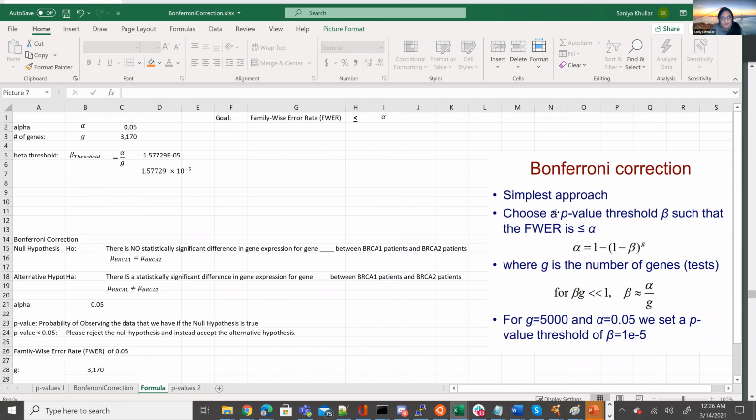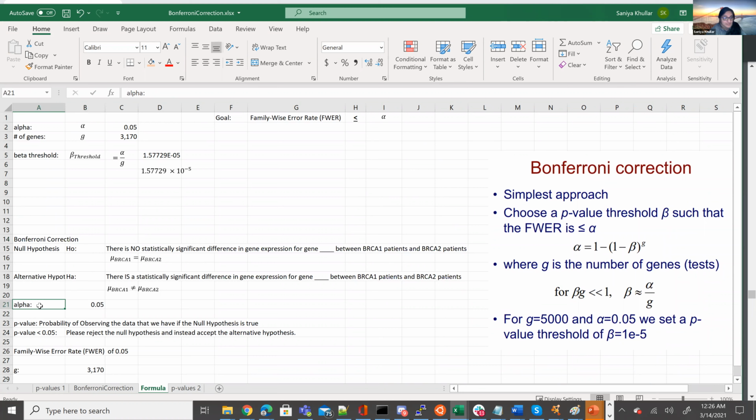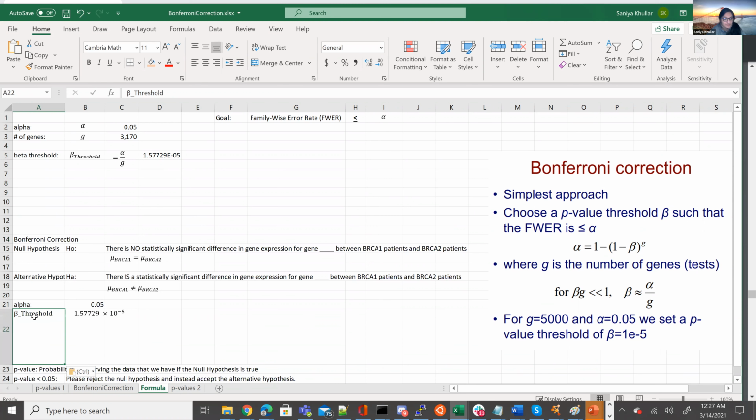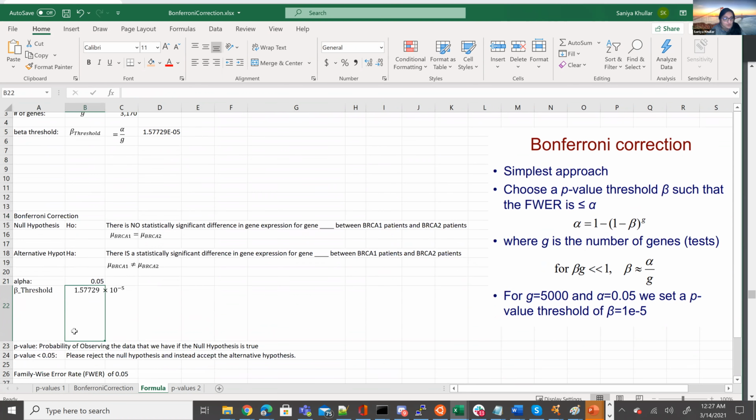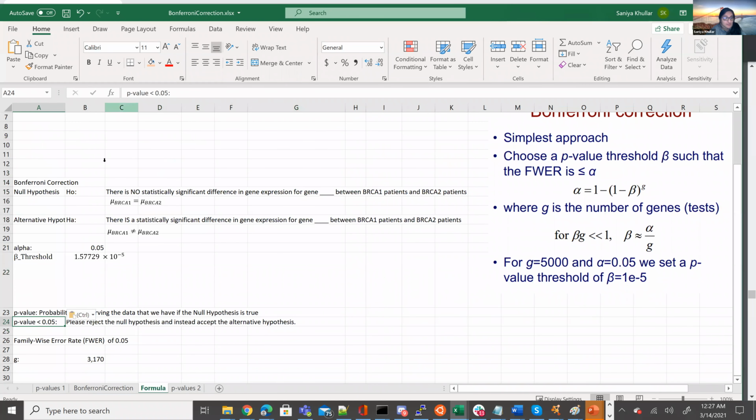But this is our alpha, and our beta threshold is what we're going to use. We're going to reject the null hypothesis if the p-value is less than the beta threshold.